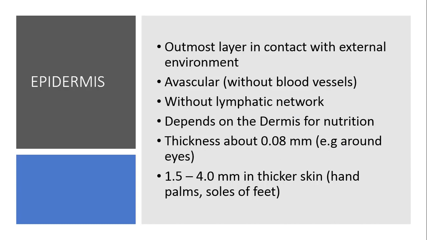And very important to remember that the epidermis is dependent on the dermis to receive nutrition because the epidermis is avascular. The thickness is about 0.08 millimeters around the eyes. And then in thicker skin, like in the palms of the hands or the soles of the feet, it can go up to 1.5 to 4 millimeters thick.